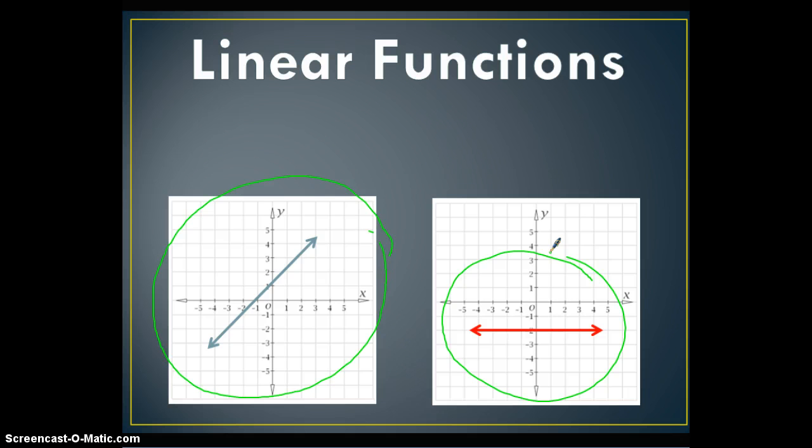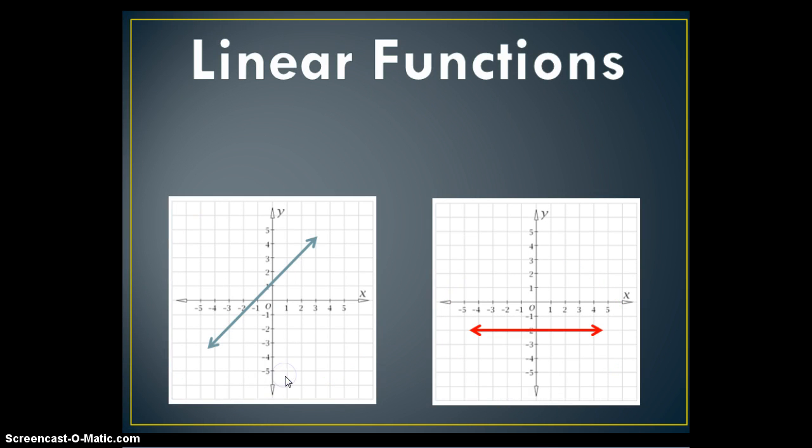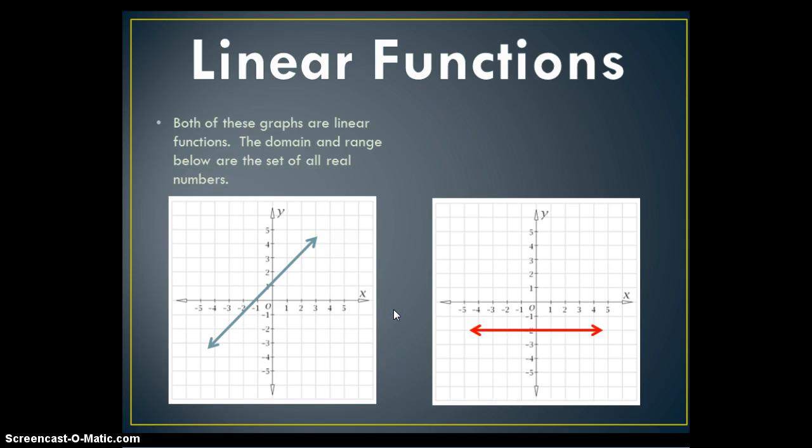And this guy, he's not vertical, he's horizontal, so he must be a linear function. Absolutely. So we look at these two guys and we say that both of these graphs are linear functions, therefore they must be linear equations. And their domain and range below, right here to the left, is the set of all real numbers.